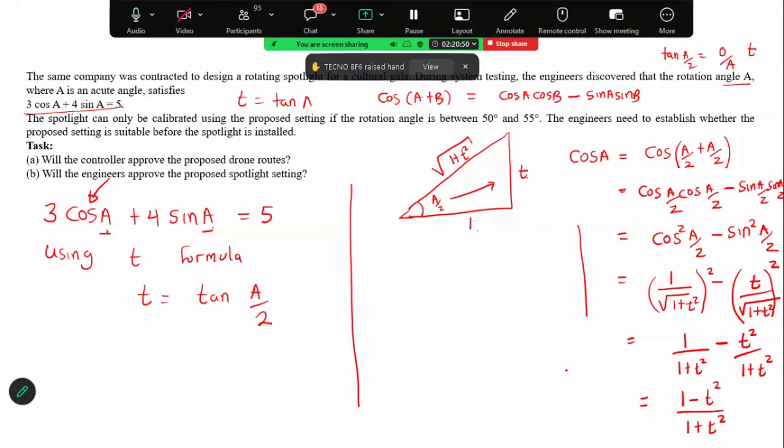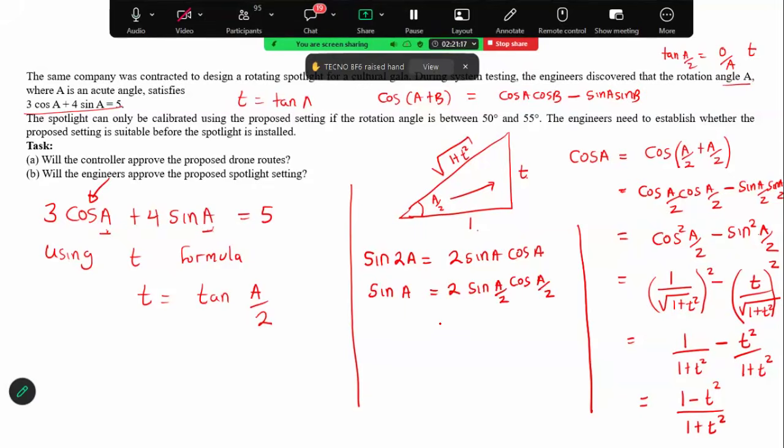Now, when it comes to our sine, you remember from your trigonometry that this identity is very important: sine of 2A is the same as 2 sine of A cos of A. But if I have a single angle, let me say sine of A, this is still the same as 2 sine of A out of 2 times cos of A out of 2.